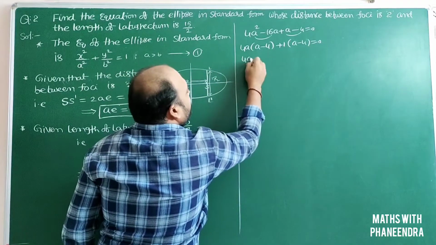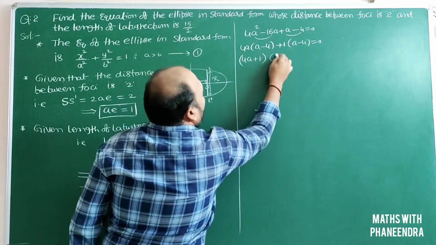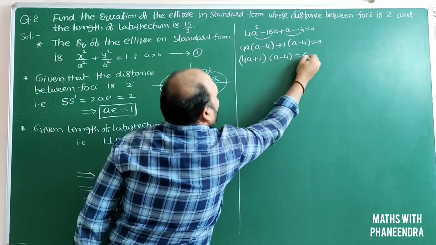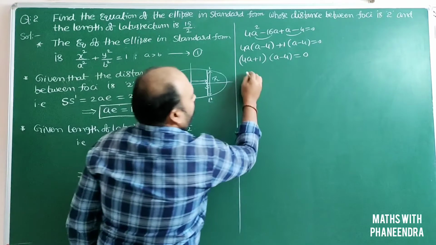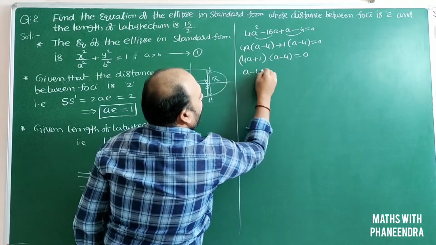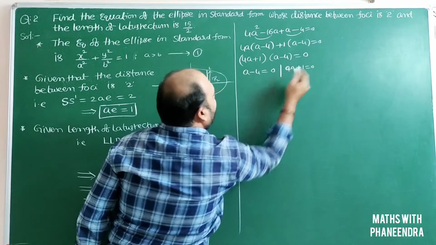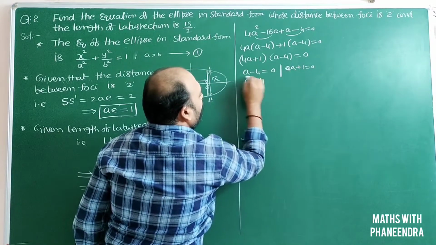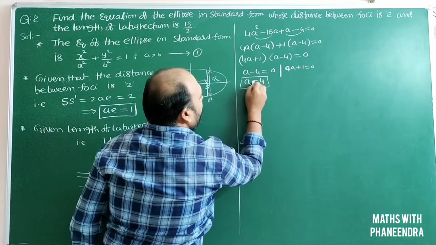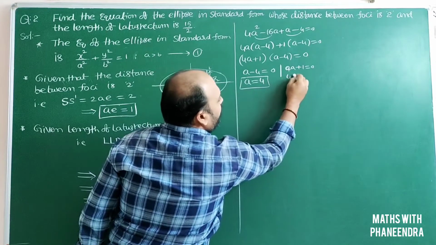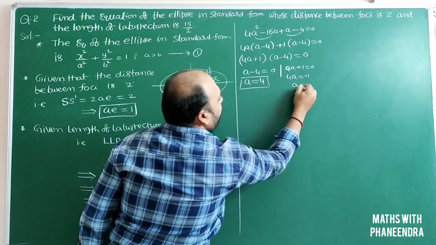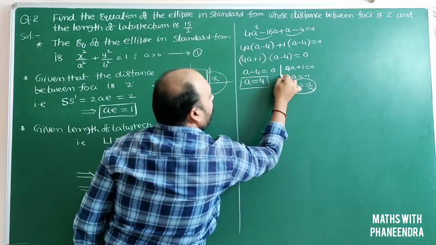So 4a plus 1 into a minus 4 equal to 0. So a minus 4 equal to 0 and 4a plus 1 is equal to 0. So a is equal to 4. So 4a is equal to minus 1, a equal to minus 1 by 4.